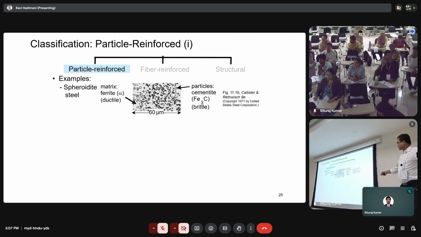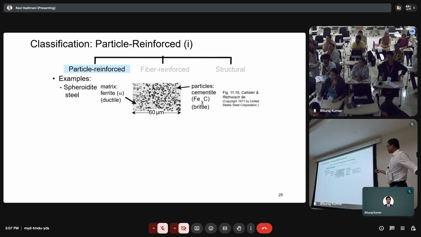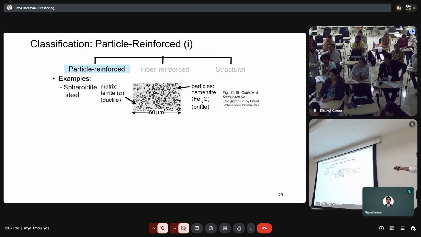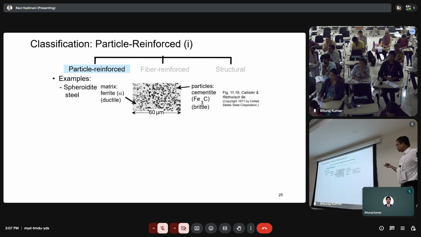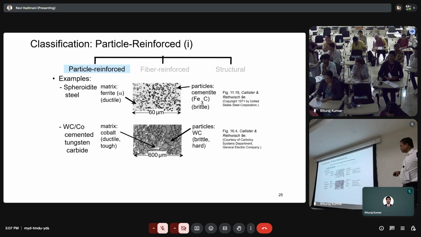This is again one of the phases of steel that is nothing but a composite material, right? Because you have one phase embedded in the other phase. Though it's a mixed phase steel, it's a composite material.